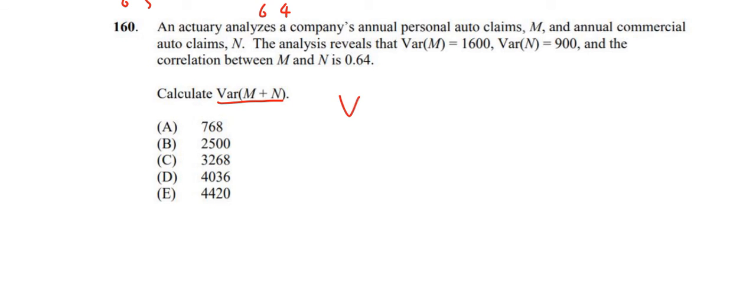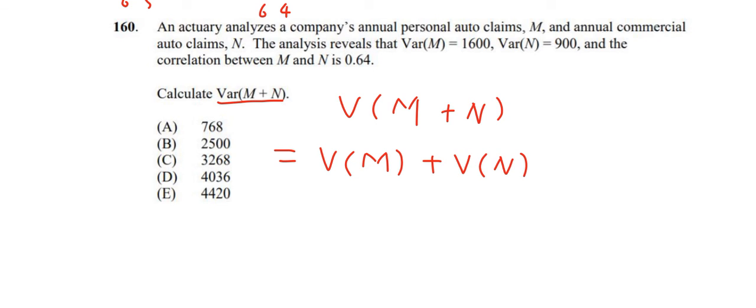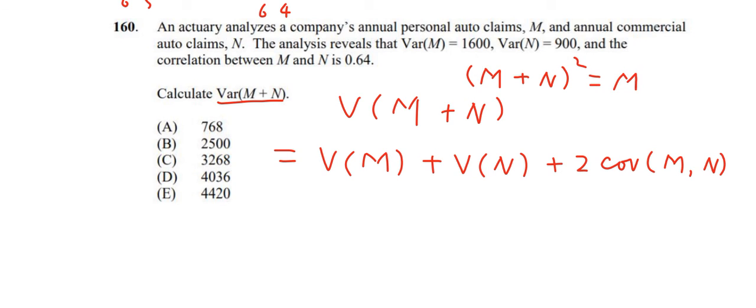So the variance of M plus N has this formula: equal to V(M) plus V(N) plus 2 times the covariance of M and N. Variance is just a square, here just (M plus N) squared, so it equals M squared plus N squared plus 2MN. So here we have V(M) and V(N).